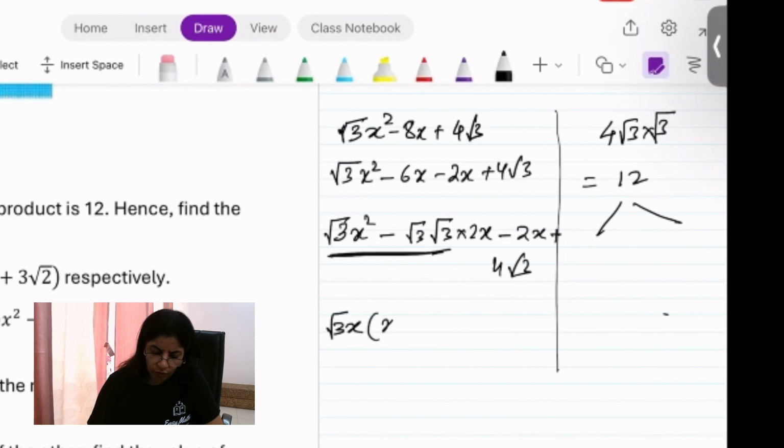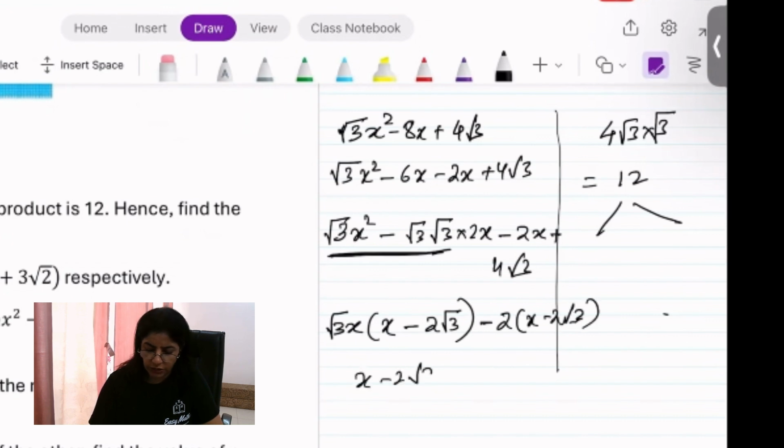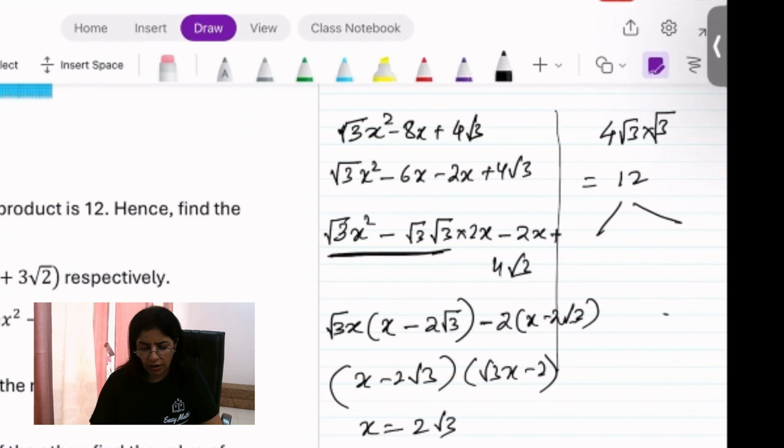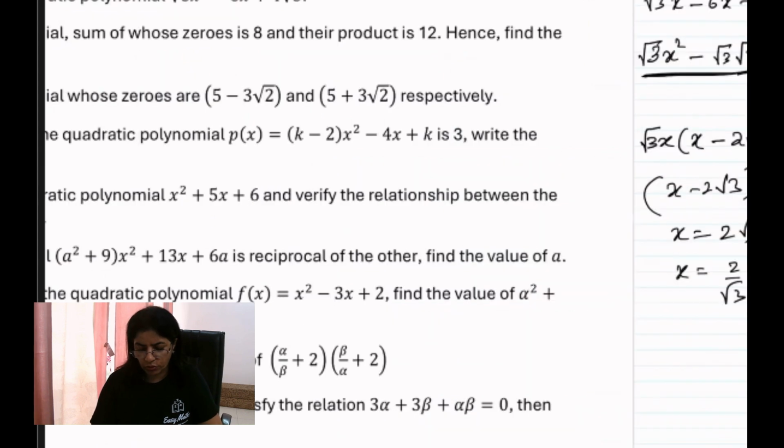Now what do we find common here? We find root 3x common. This becomes x minus 2 root 3, and here if I take 2 common, again it becomes x minus 2 root 3. X minus 2 root 3 is one factor, and root 3 x minus 2 becomes another factor. So the values of x are 2 root 3 and the other value is 2 upon root 3.